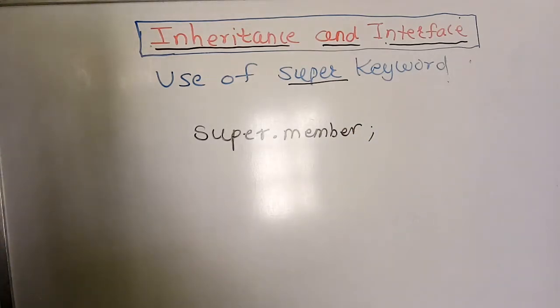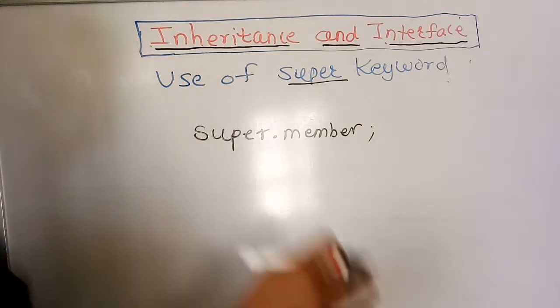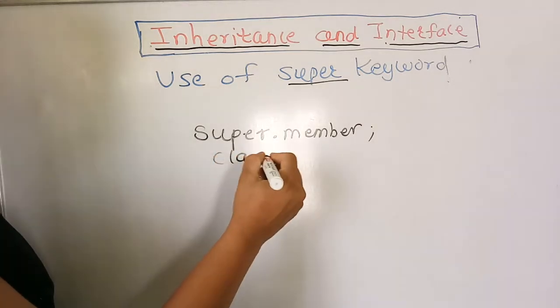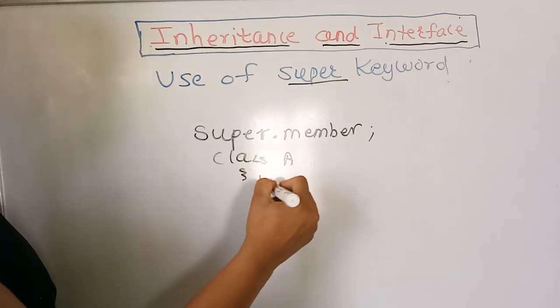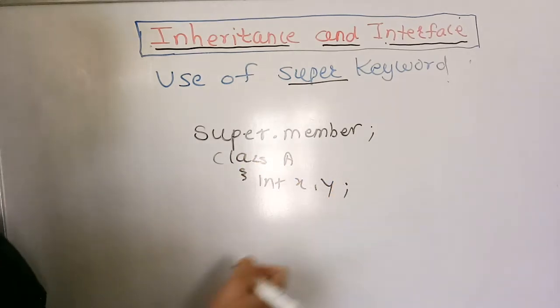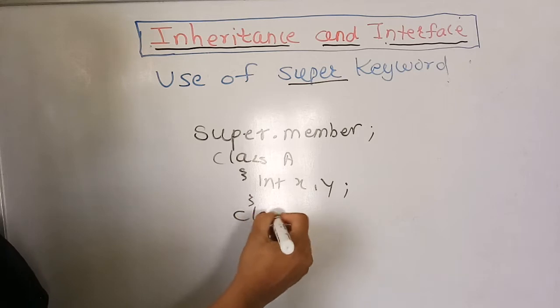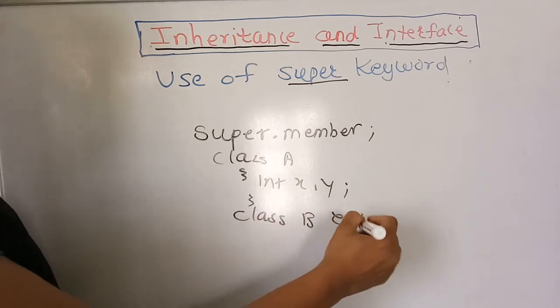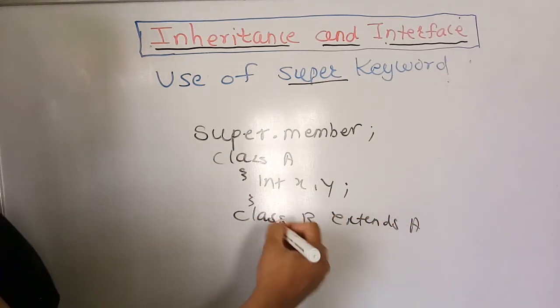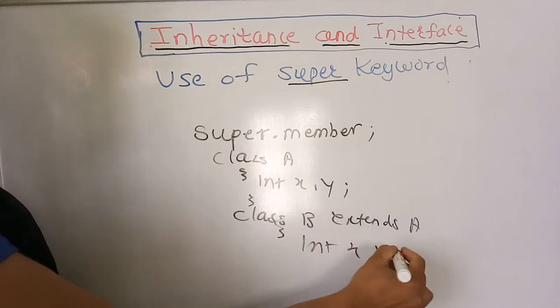The above super form is applicable only when member names of the subclass hide the members with the same name in the superclass. For example, class A has members x and y, and class B, which extends class A, also has the same names x and y.